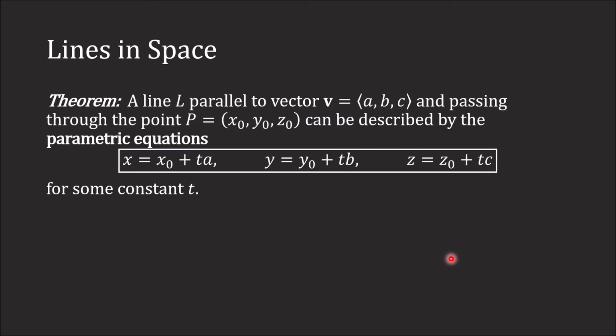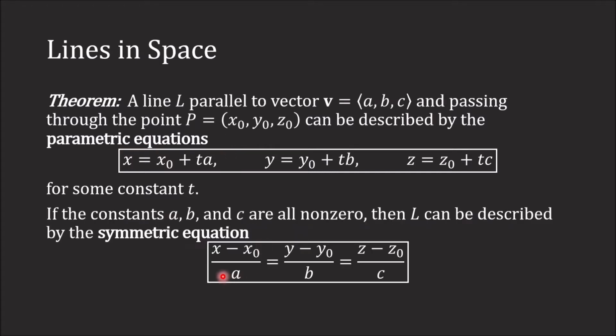So that first set of equations, x equals x0 plus ta, y equals y0 plus tb, z equals z0 plus tc, are called the parametric equations of the line. The other equation, x minus x0 over a equals y minus y0 over b equals z minus z0 over c, is called the symmetric equation of the line.